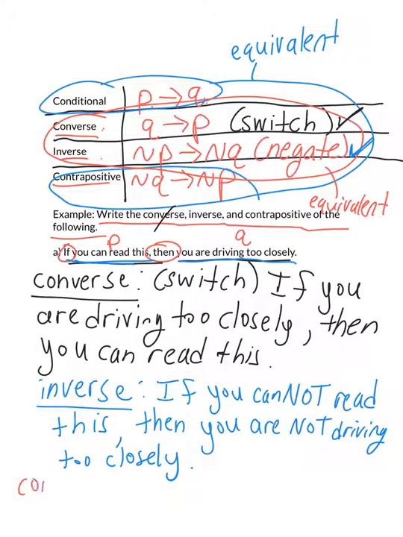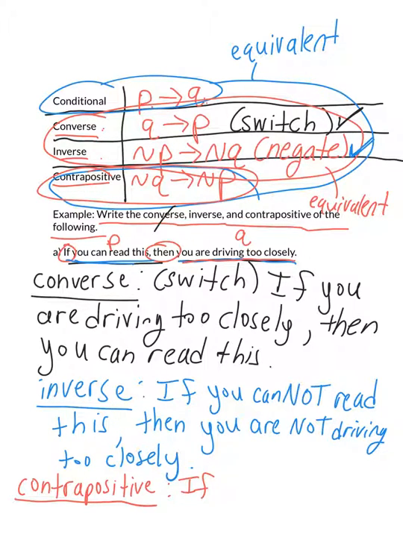Finally, the contrapositive. As we mentioned earlier, it means I'm going to both negate and switch the original conditional statement. So, in the if portion of the sentence, the you are driving too closely moves up and becomes you are not driving too closely.